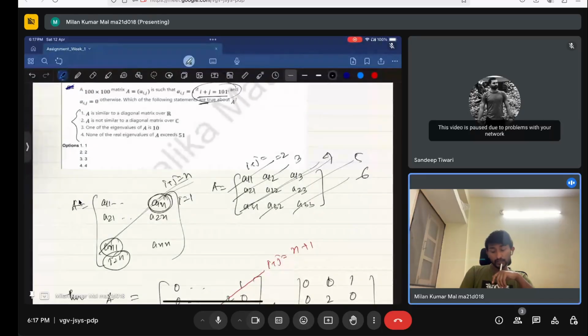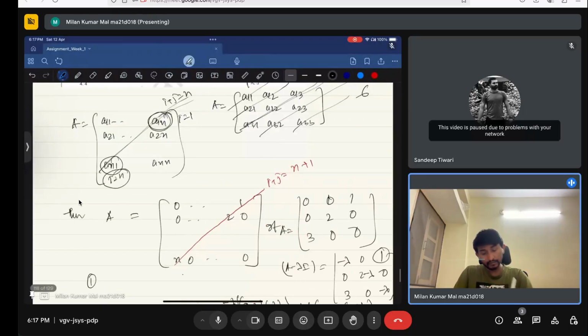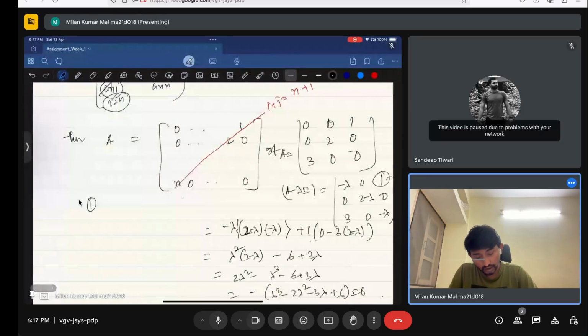None of the real eigenvalues of A exceeds 51. Yeah, I understand, the 51st element is the trace element.